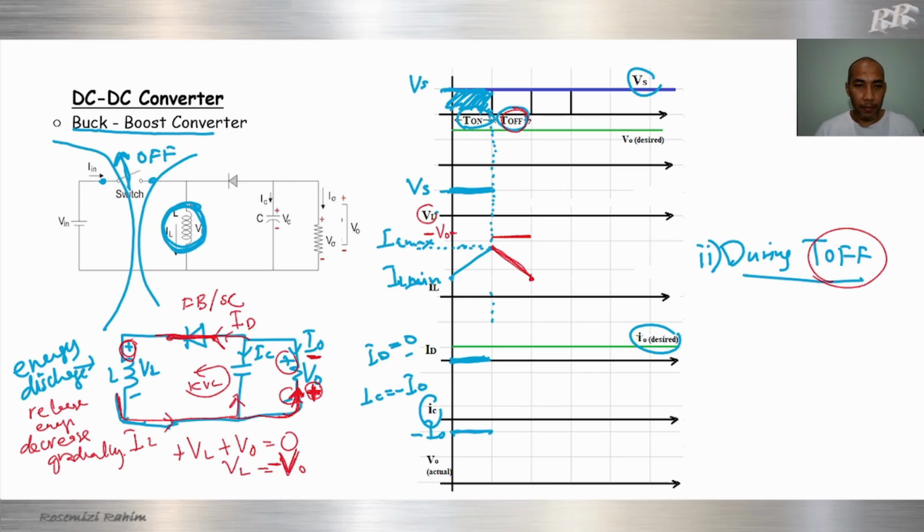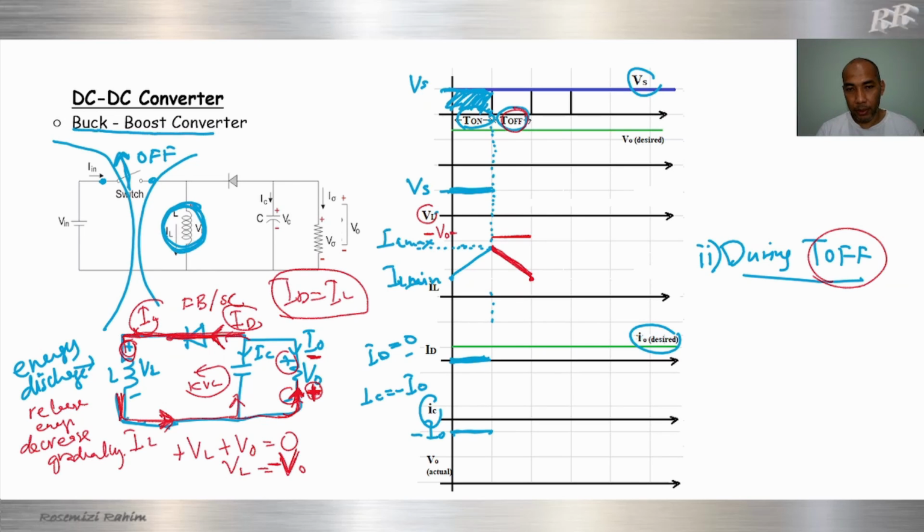How about the ID? We can see that IL is here, and ID is also here. So ID is equal to IL, from the same line. So we just follow the angle of IL.